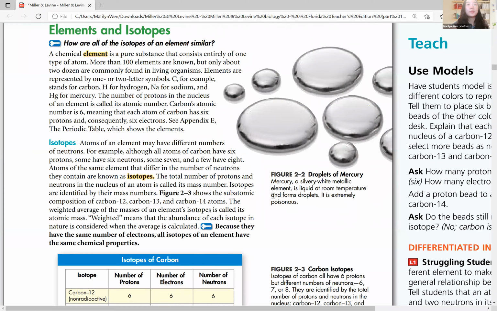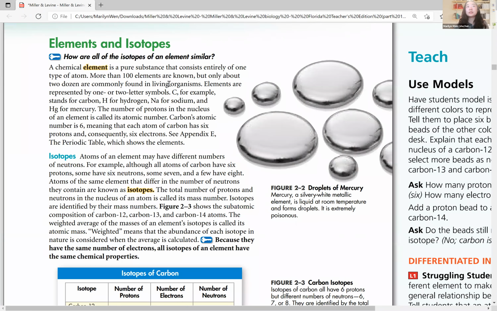And then for isotopes, you can read this right now, but this is a little bit less important because it's a much harder concept. So basically, you know that the center of an atom, the nucleus, is composed of protons and neutrons, right? And when we measure the mass of an atom, we only measure the nucleus.